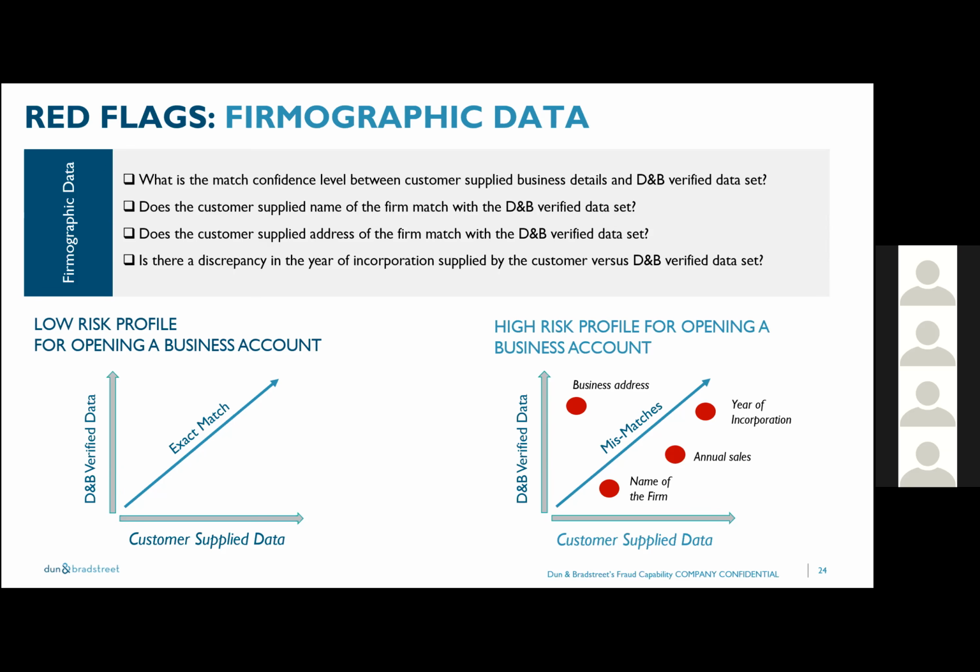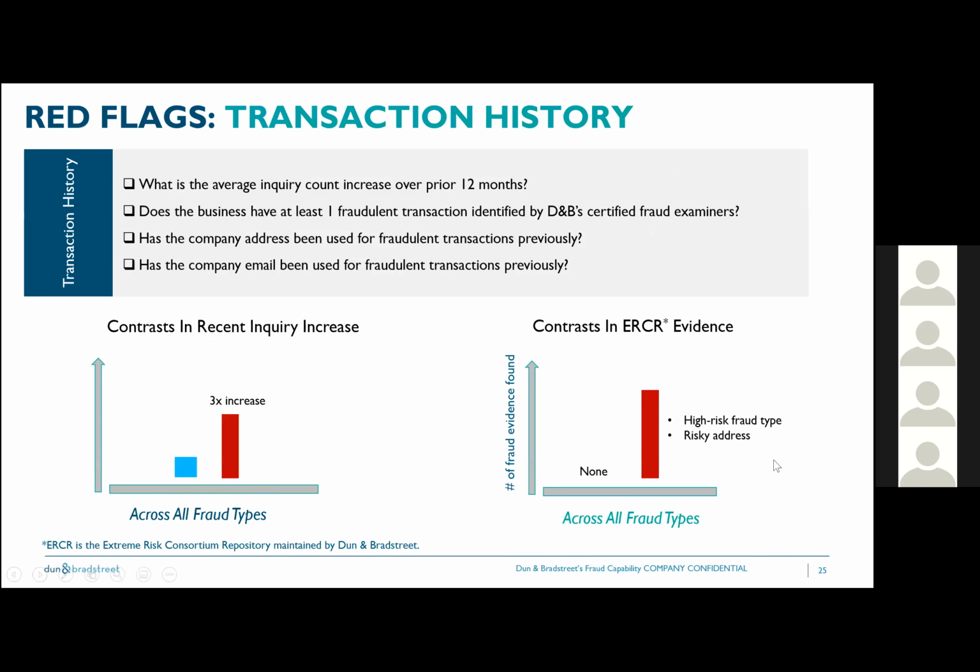If we go to the next page, we can also see another set of red flags we have developed. And this is based on transaction history, right? If you look at the graph on the left, here we look at whether we see any sudden recent increase. A high-risk profile is showing a 3x increase versus a low-risk profile.